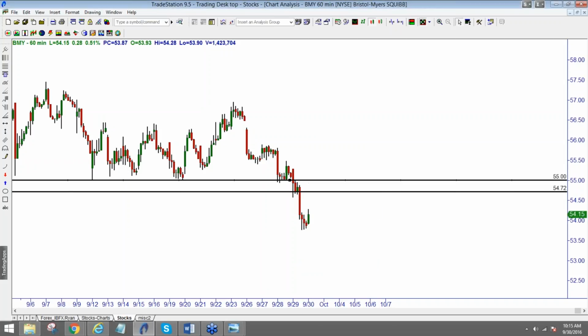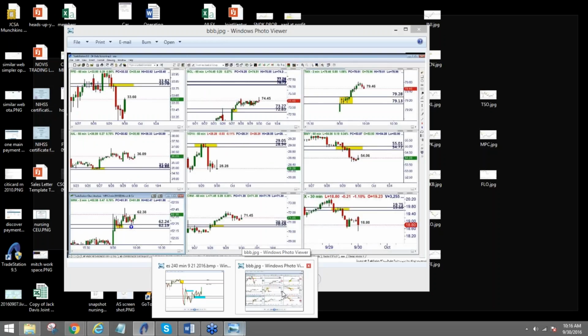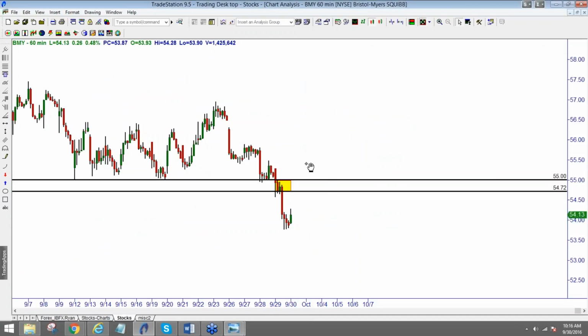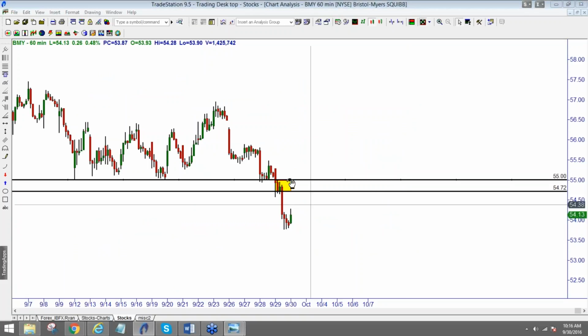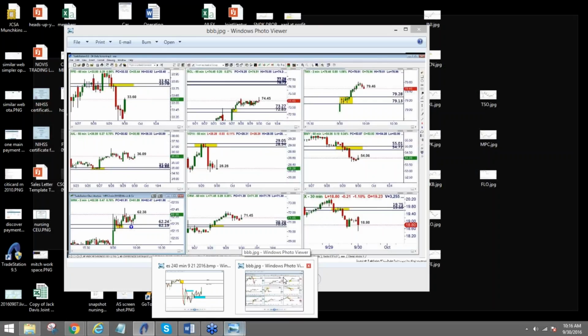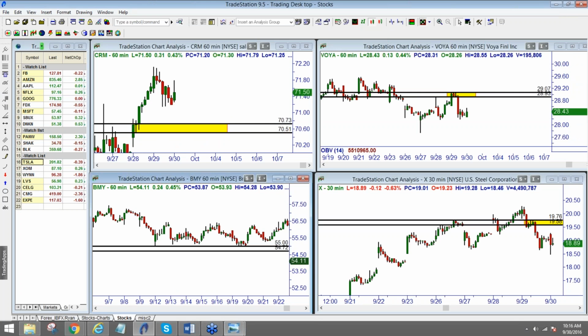Let's see. Okay, nice little setup there on BMY, and I think there was one more mission post. TWX. And that's interesting because it's a 2-minute chart, so we might see some action there.